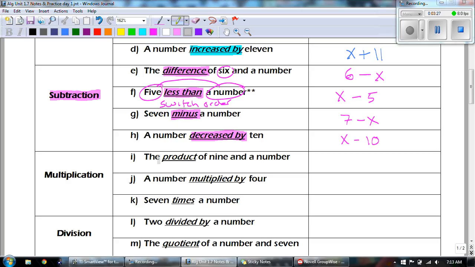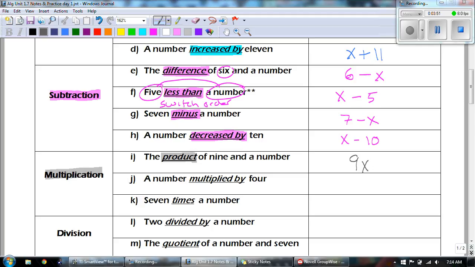Next we're talking about multiplication. The first one we have is product. When we're writing multiplication, for the first one you might say 9 times x, but we don't want to write it like that. We're going to write it with the number next to the variable.